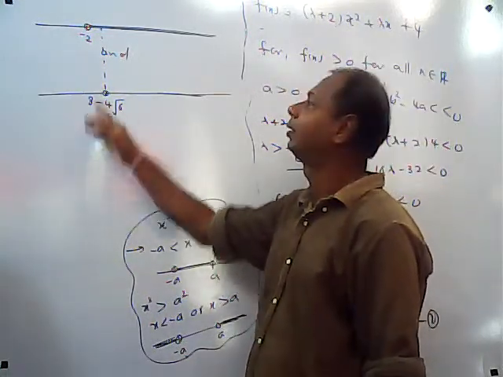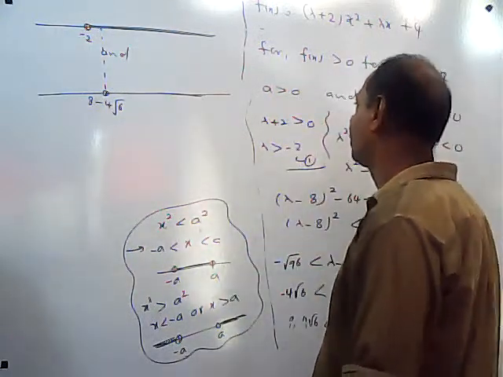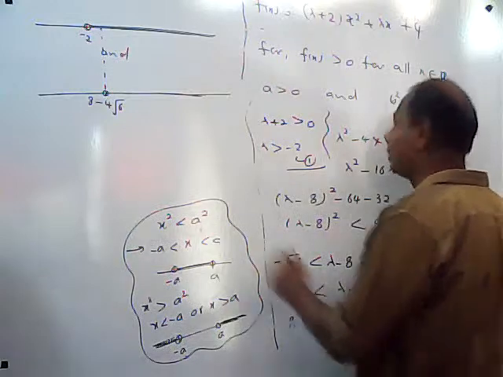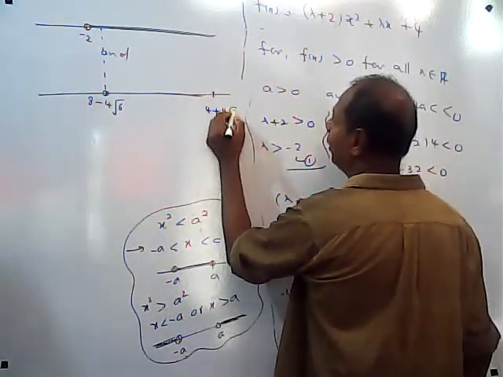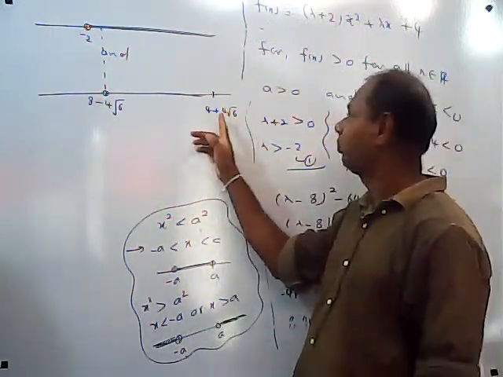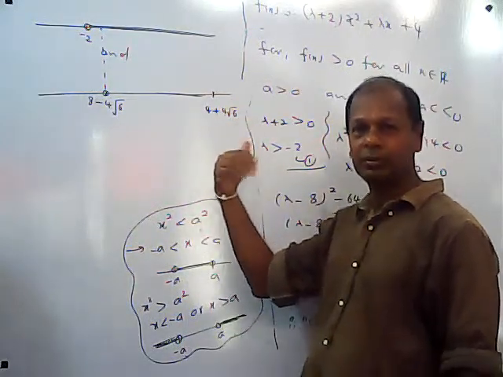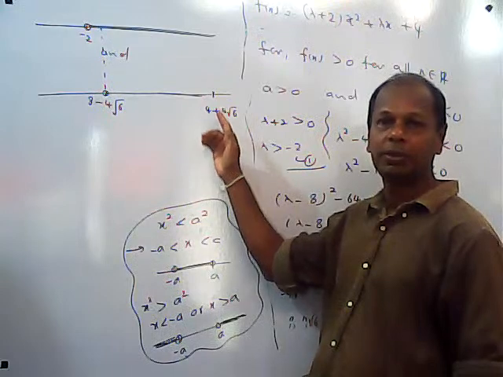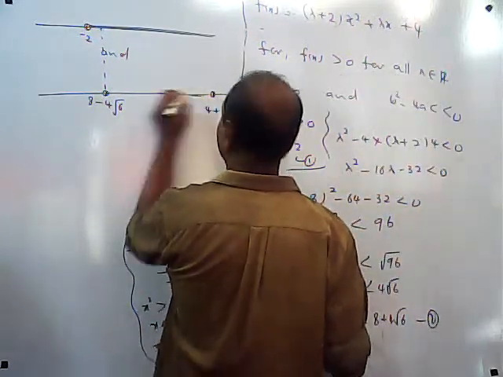Negative 1.8, just a little right of that. And then 8 plus 4 root 6, that comes to around 14. Make it around 10 plus 4, around 13 point something, close to 14, so this is between these two.